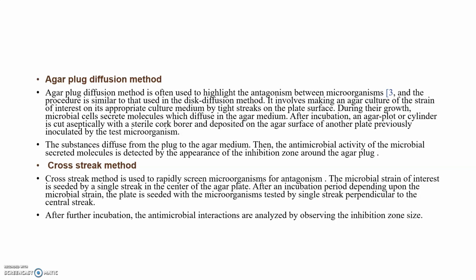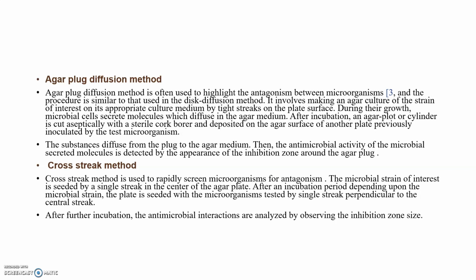So, this method may highlight antagonism between microorganisms. The procedure is similar to that used in the diffusion method. It also involves making an agar culture of the strain in an appropriate culture medium by tight streaks. So here streaks are applied on the plate surface. During their growth, the microbial cells secrete certain molecules which may diffuse in the agar medium.